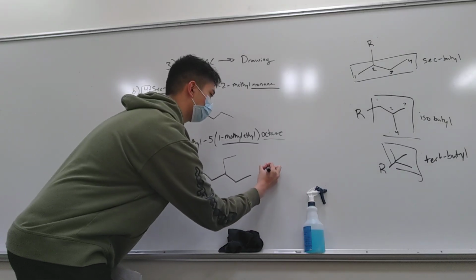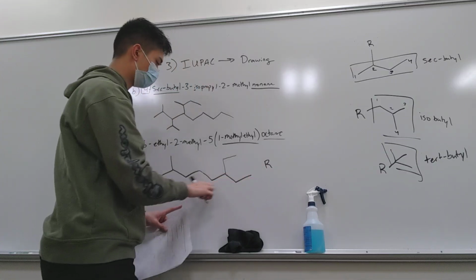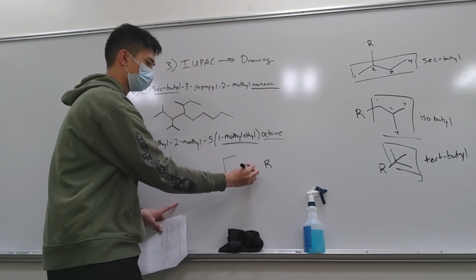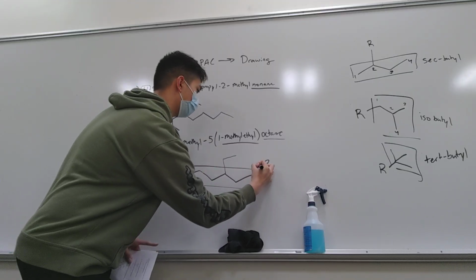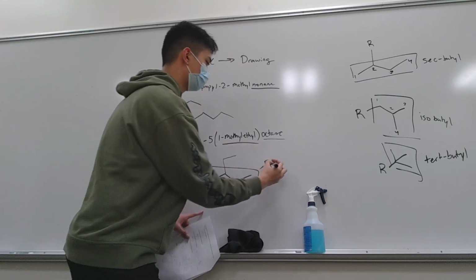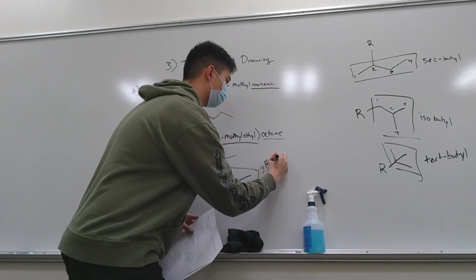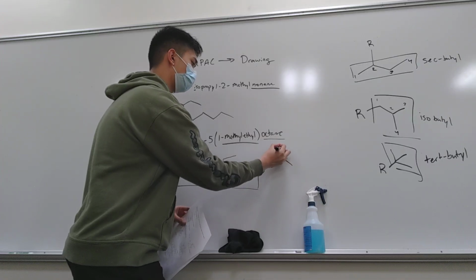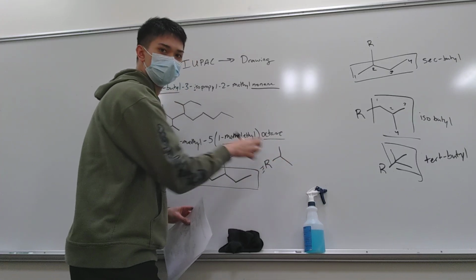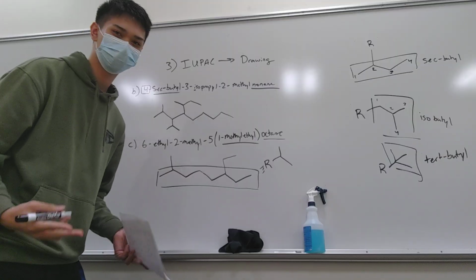It's an ethyl, so let's have this whole thing as an R. We're just going to box this whole thing as an R. Remember our radical fragmentation. And then an ethyl, 1, 2, and a methyl at carbon 1. So really, it is just an isopropyl, but a kind of confusing name.